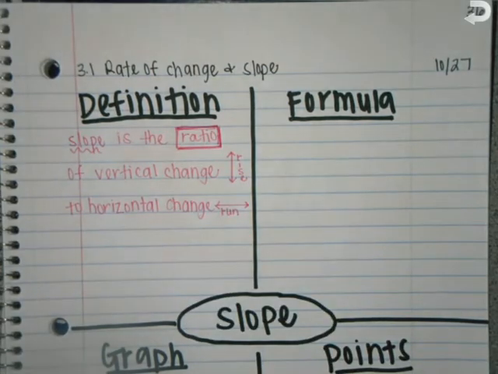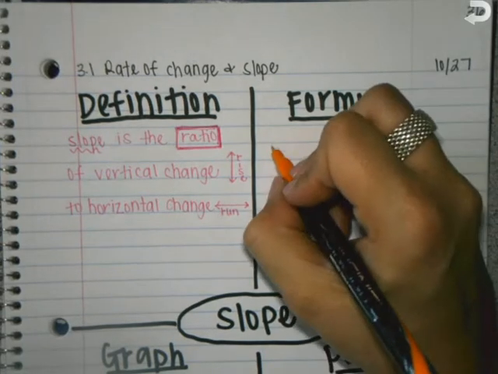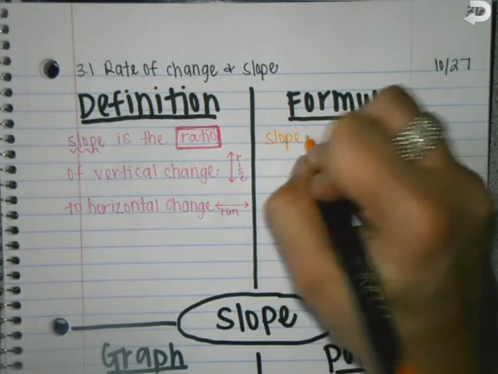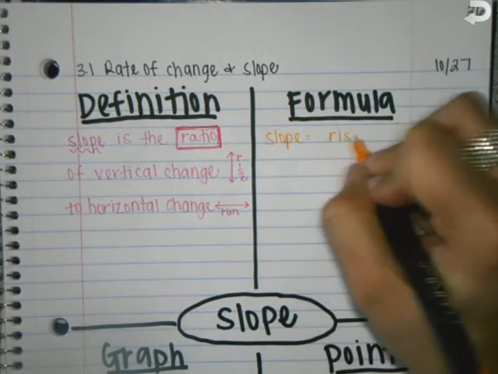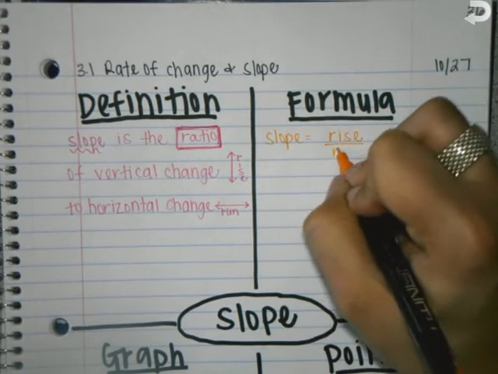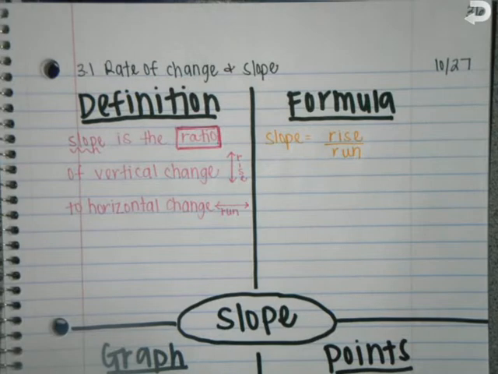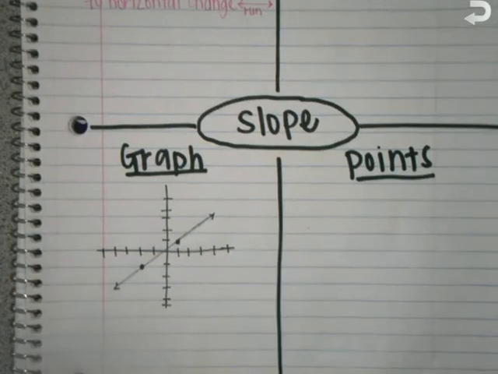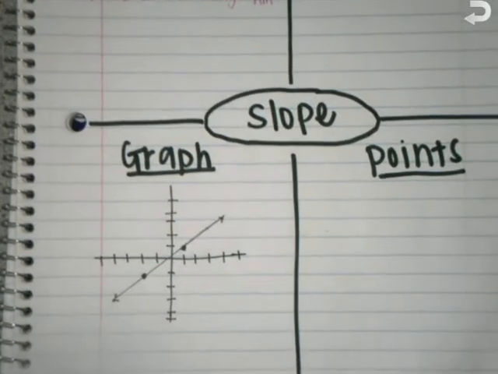One formula of slope that we can use is slope equals rise over run. This is a very unofficial formula. Using just this definition of rise over run, we're going to do an example of finding the slope from the graph.